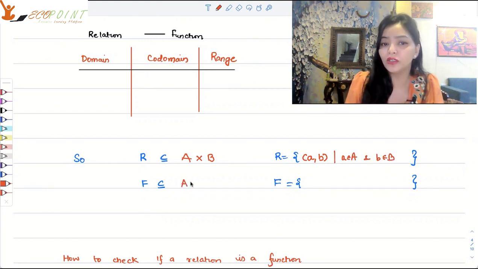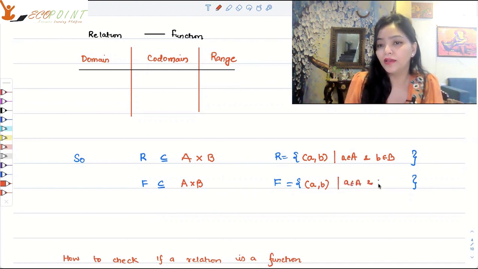Similarly, a function is also a subset of A cross B, the Cartesian product, where f is also a set of all ordered pairs (a, b), where a belongs to A and b belongs to B. Here the relation is R, so it's aRb. Here the relation is f, so it's afb.